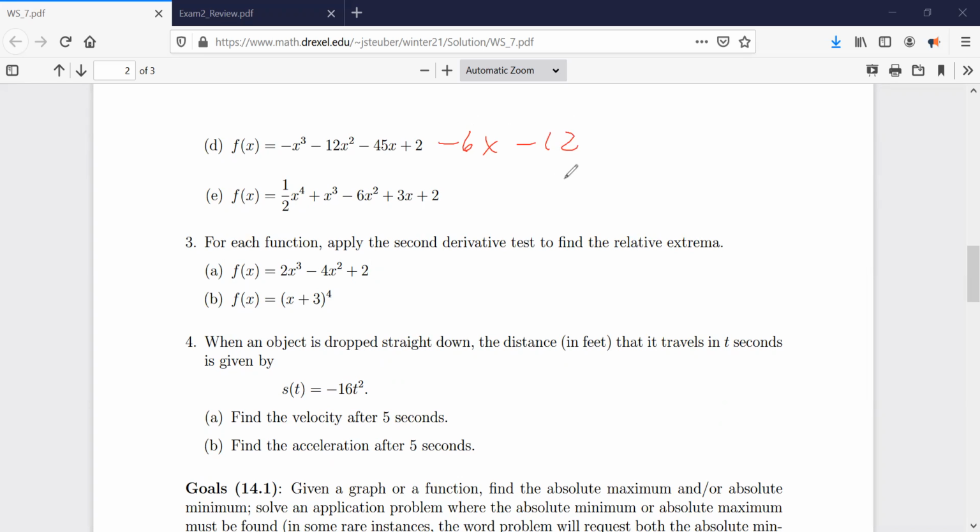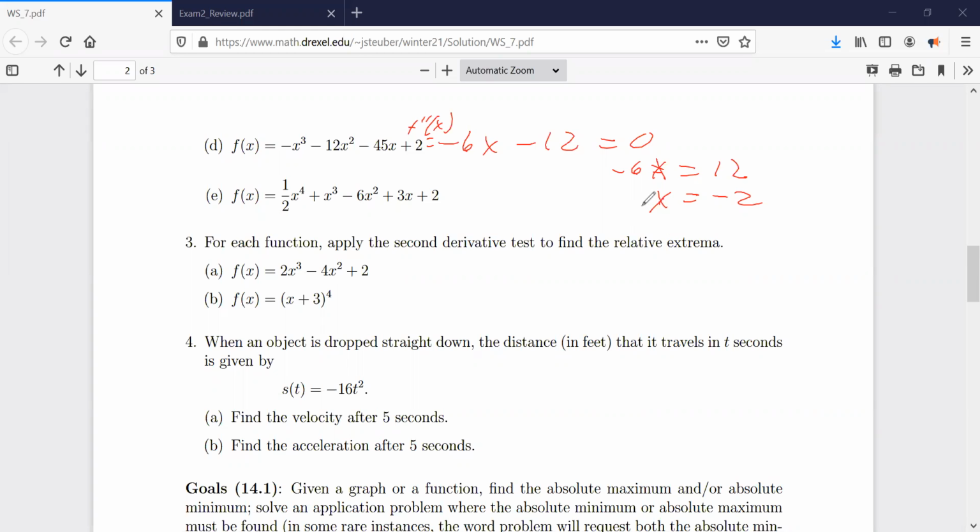So I want to find the potential points of inflection. I just set this f double prime of x equal to 0 to see where it's going to potentially switch. The only point that I get is, I can rearrange this to -6x is equal to 12, and I get x is equal to -2. So x equals -2 is the only inflection point.